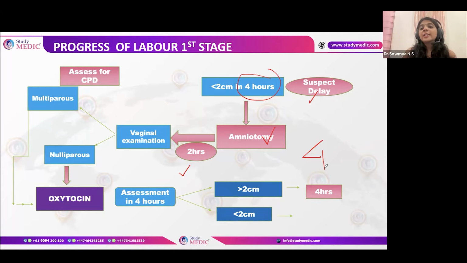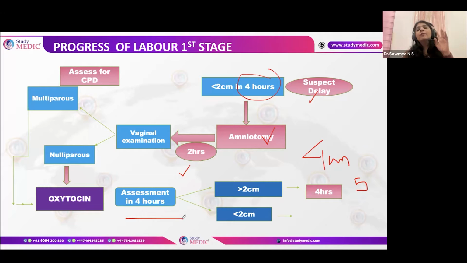If she is less than 1 centimeter per 2 hours, you have to think of multiple causes and start with oxytocin. Once you start oxytocin, you have to titrate and keep the contractions maximum up to 5, not beyond that. And once you start oxytocin, you assess in 4 hours.